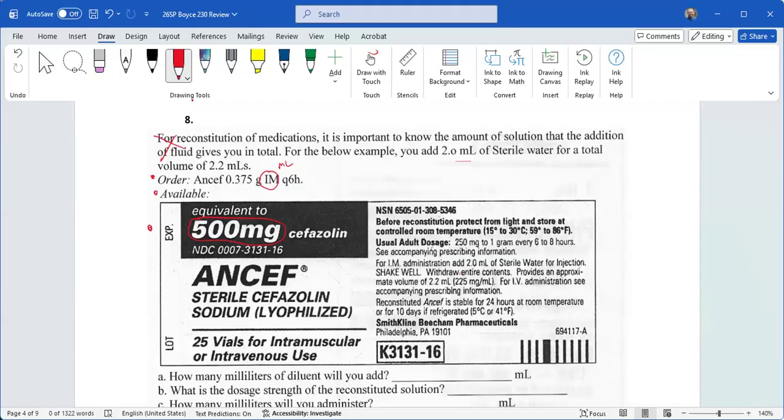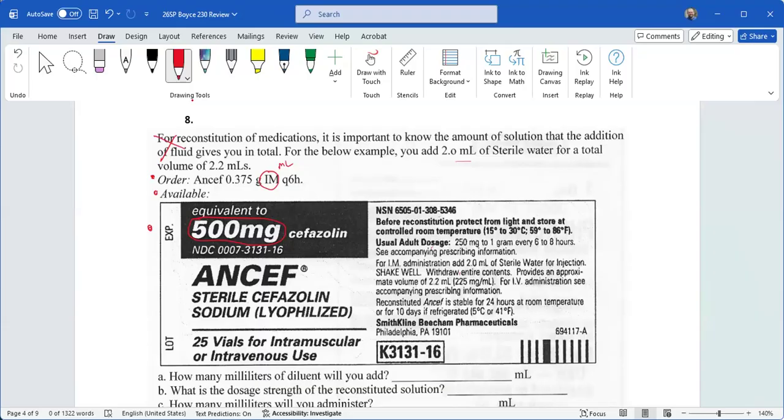You've probably noticed that a lot of the medication labels will indicate something per milliliter or something per capsule. But this doesn't tell me anything about how it's administered, which is your clue that it's reconstitution.